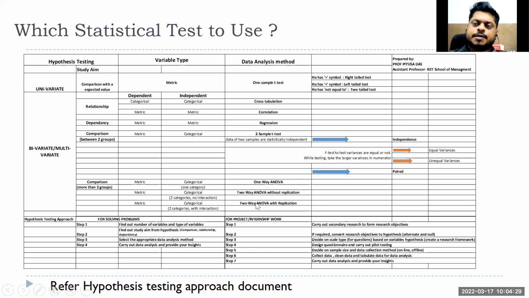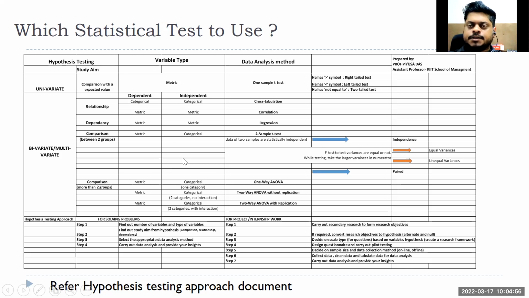If you follow these steps: first find out how many variables, then what the problem statement is asking, whether relationship, dependency, or comparison. Then check your variables, where most of the time you'll face difficulty: what is my dependent variable, what is my independent variable, and what form of data they are, whether metric, non-metric, or categorical.